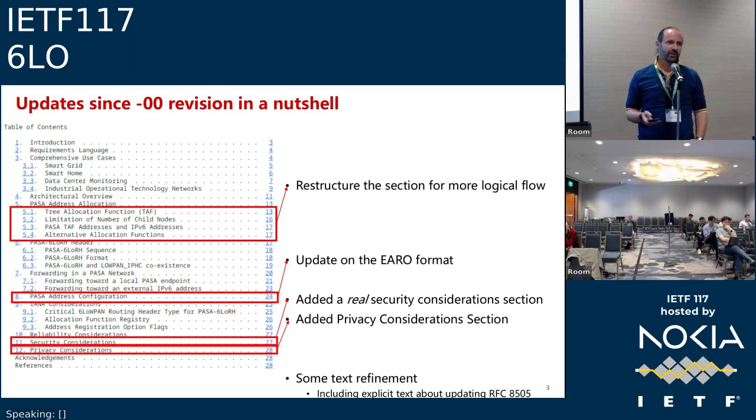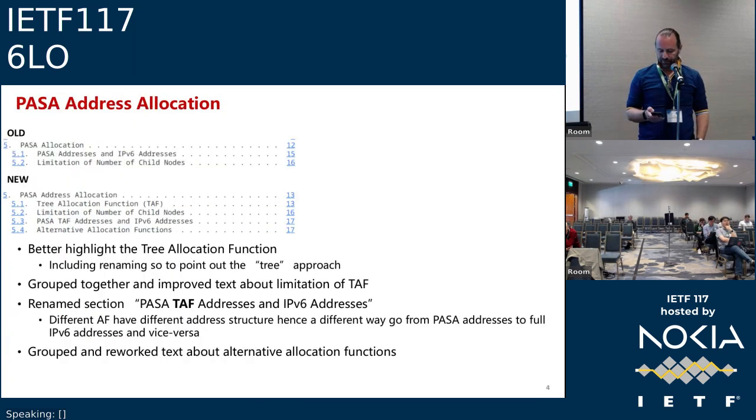Before, we had basically just a reference to a few RFCs that should be applied. We also added a privacy consideration section, and as usual, some text refinement that we do at every revision.